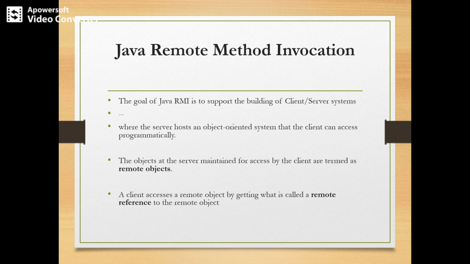When the message is received, the server performs what is called demarshalling. There are two techniques available here in Java RMI, Java remote method invocation.